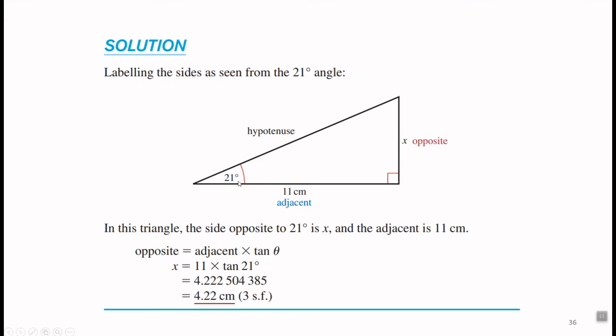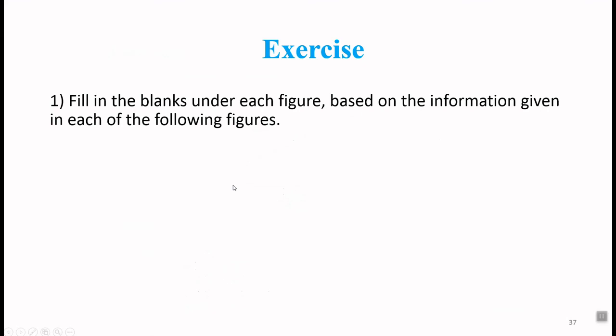Always opposite to 90 degrees is the hypotenuse. So tan theta equals opposite divided by adjacent. Opposite you need to find, so make opposite the subject, substitute and get the answer. You need to convert your calculator to degree mode, because in this angle you can see the degree symbol, 21 degrees, so use your calculator in degree mode.